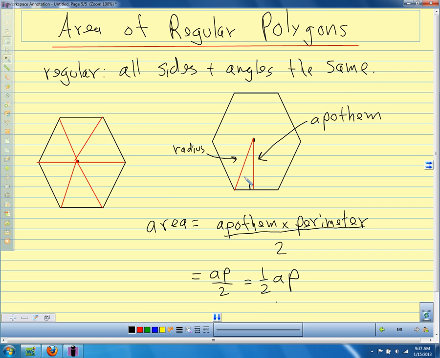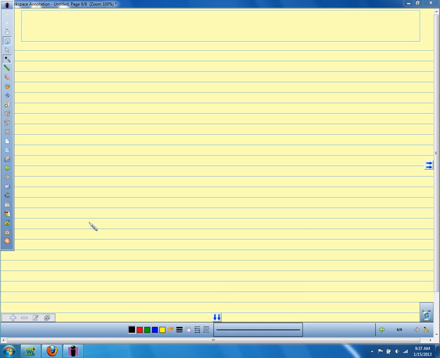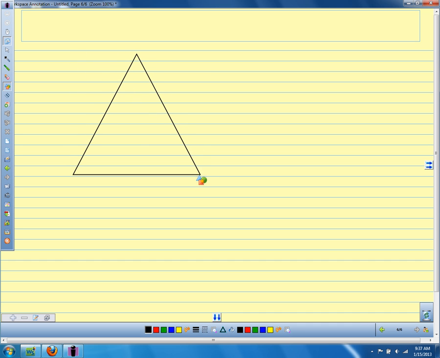So the two problems that you'll have to do on your homework have to do with a triangle and a hexagon. So I want to draw those pictures for you. You have a picture for your homework problem that looks like this. And this is an equilateral triangle.